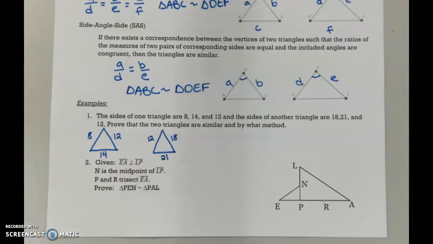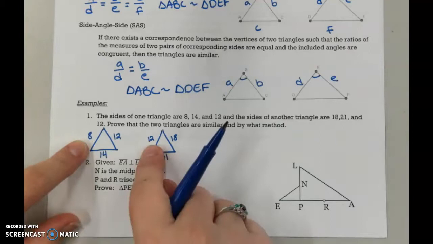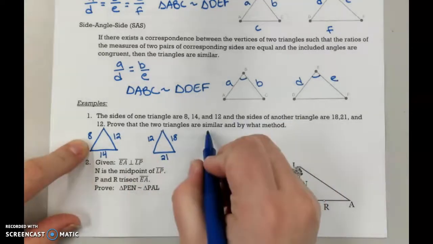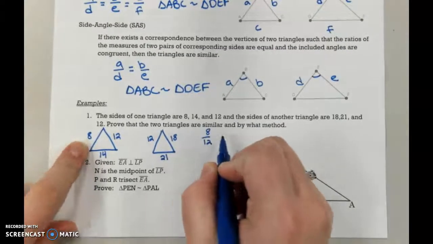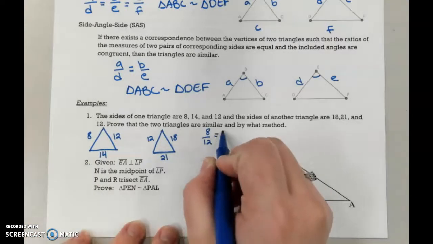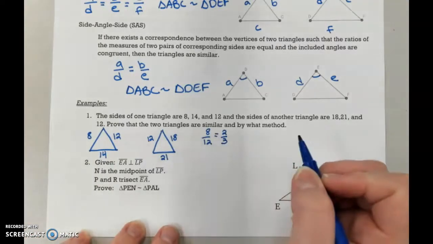So if I want to prove that these triangles are similar, there's only one method I'm going to be able to use, and that's side, side, side, because I don't know anything about the angles of these triangles. So side, side, side means that the ratio of each corresponding side has to be the same. So let's verify that. Our smaller two sides would correspond, so that ratio 8 to 12 is equivalent to 2 to 3 if I simplify.